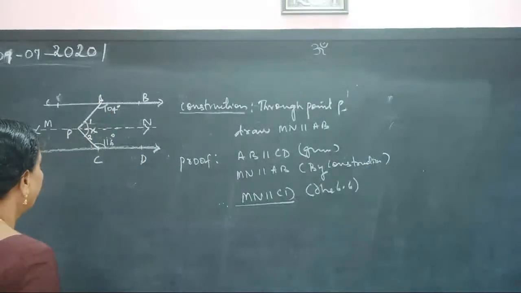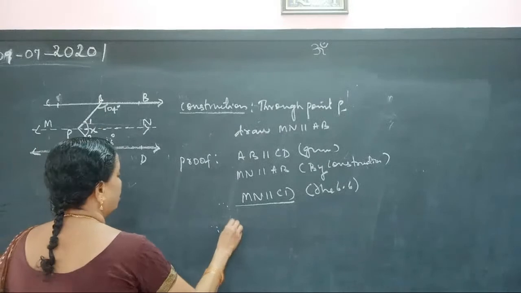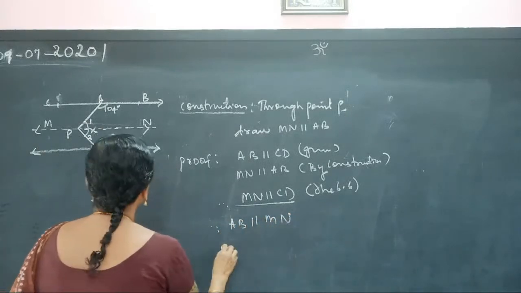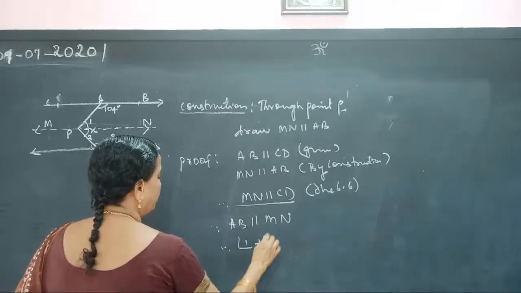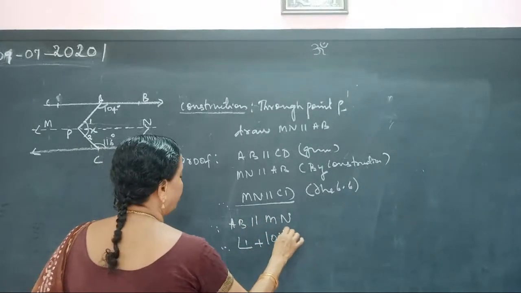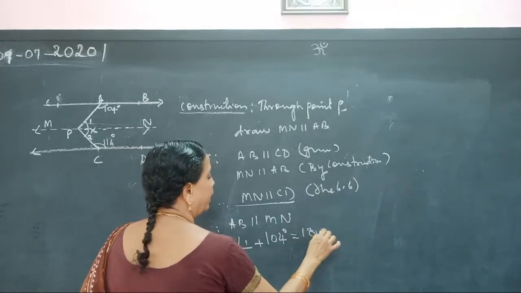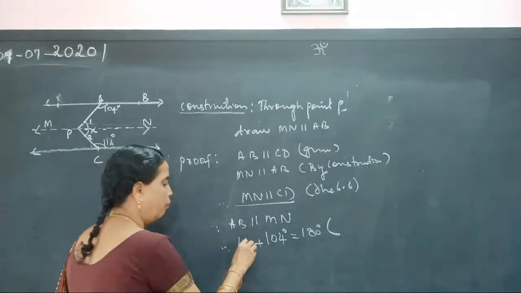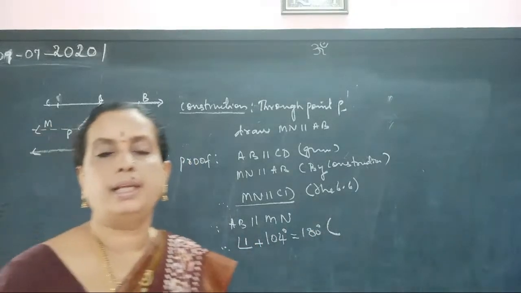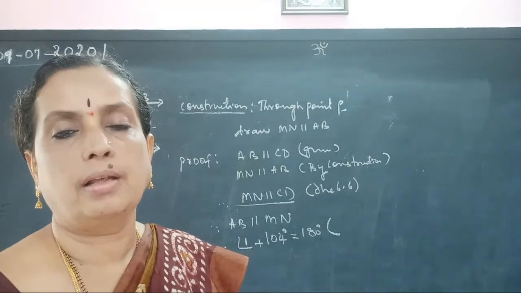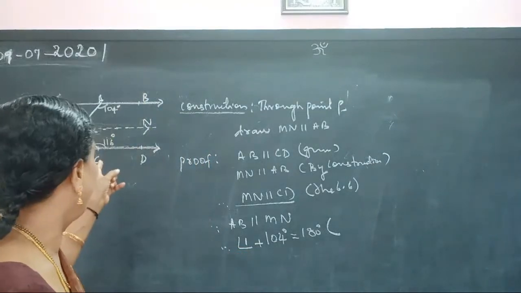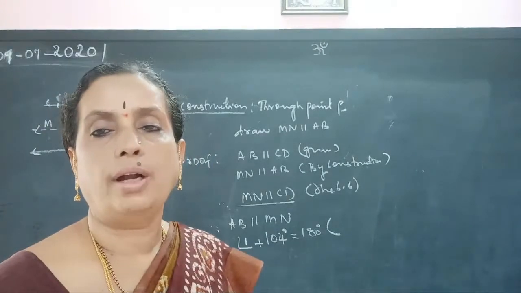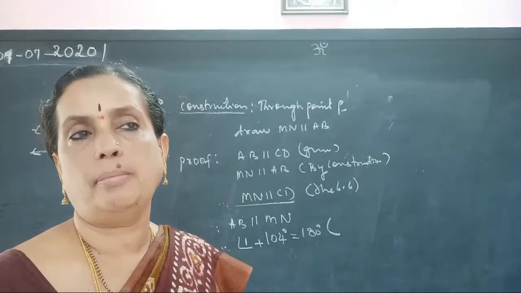Okay, now since AB is parallel to MN, angle 1 plus 104 degree equals 180 degree. What is the reason? You have to write it in the bracket.